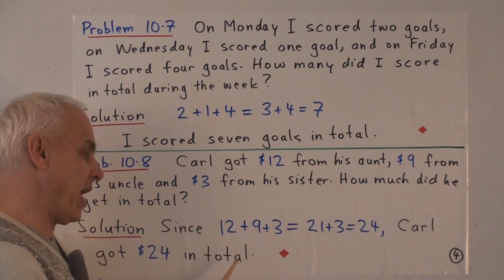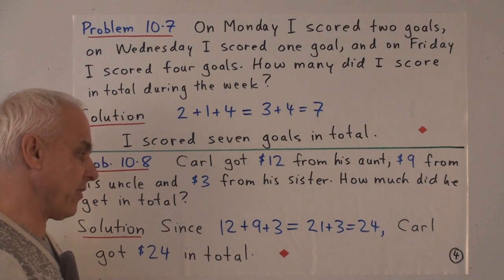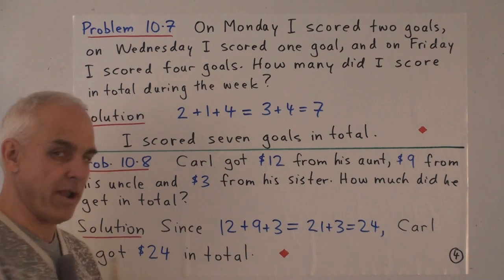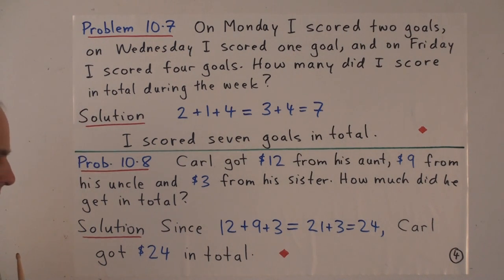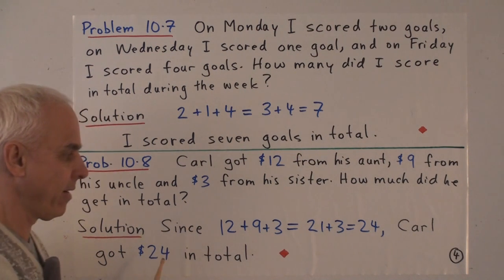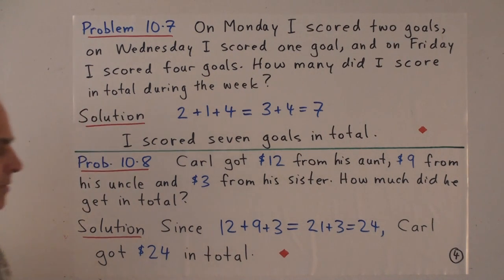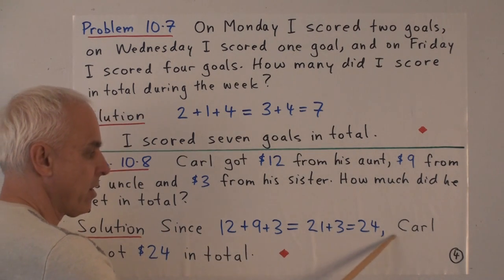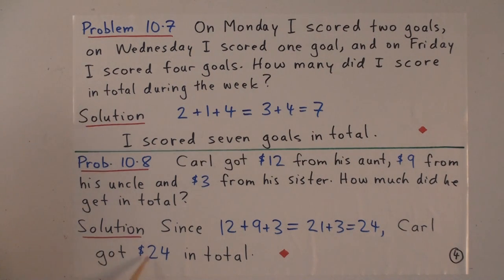We could combine the 12 and the 9 together, or the 9 and the 3 together. Let's combine the 12 and the 9 together. That makes 21. And then 3 more makes 24. And I'm going to put that all in the sentence. So since this equals 24, comma, Carl got $24 in total.